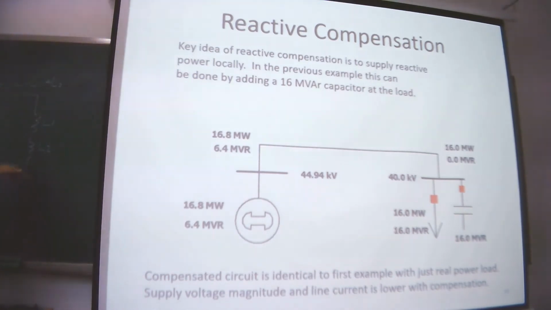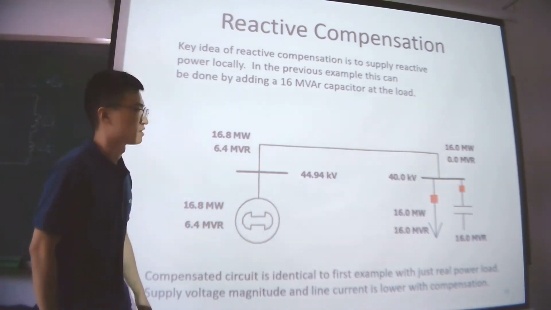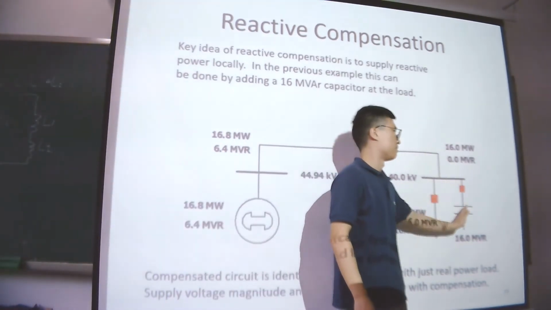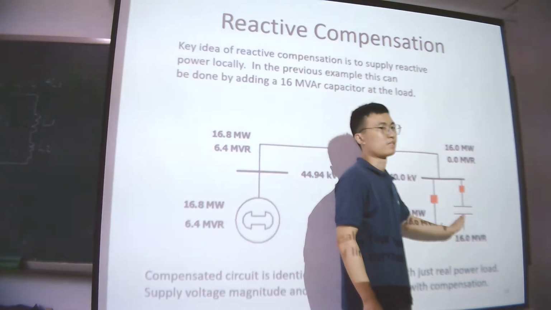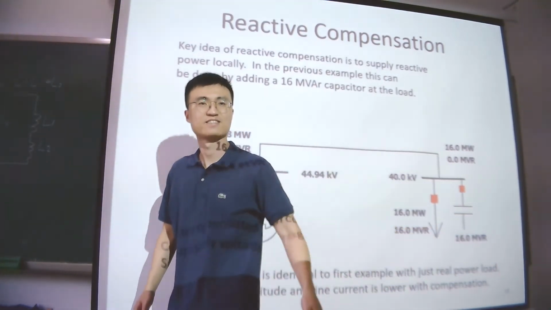L is the multiplication and the capacitor is the division. Remember this one, it is easier. So if you would like to compensate some more reactive power, just connect extra capacitors in parallel.